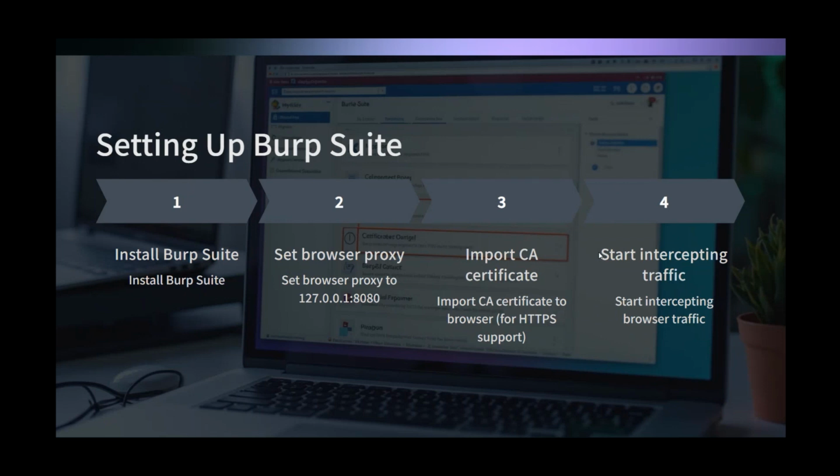After downloading Burp Suite, we can install it, and then we have to set the proxy. On the PortSwigger site, we have another section to download the certificate. Once we download the certificate, we have to upload it to the browser. Then once all that is done, we can start intercepting.